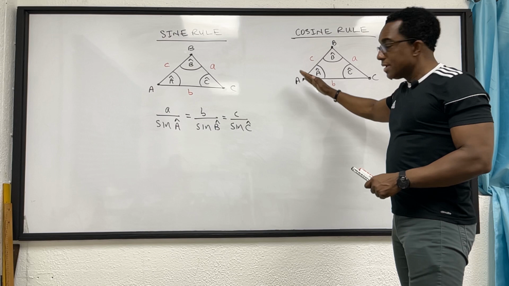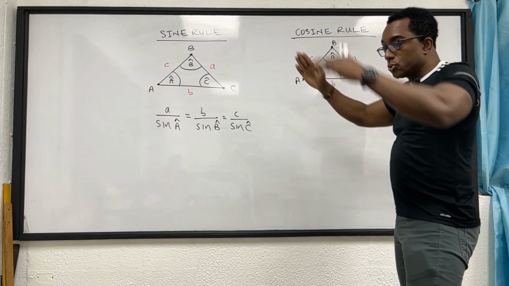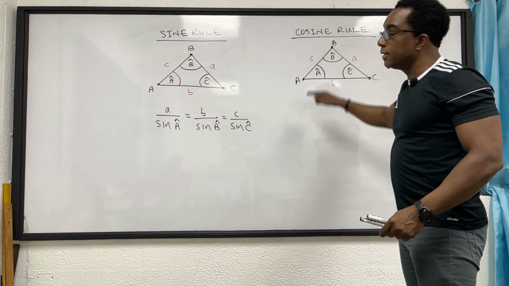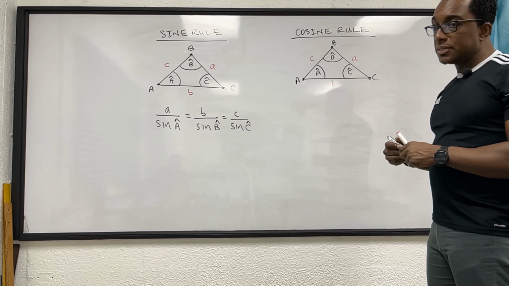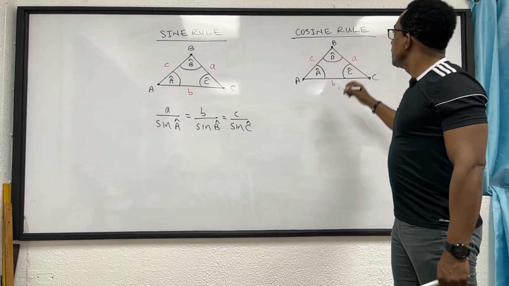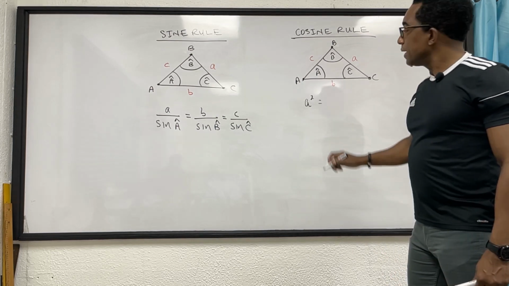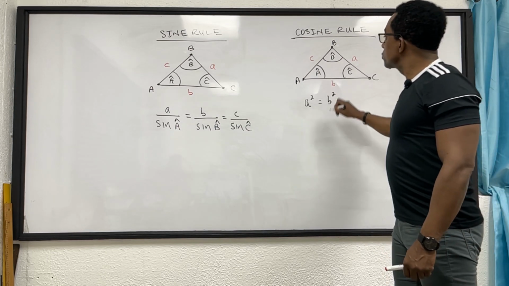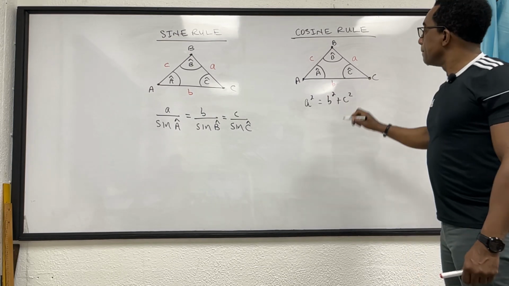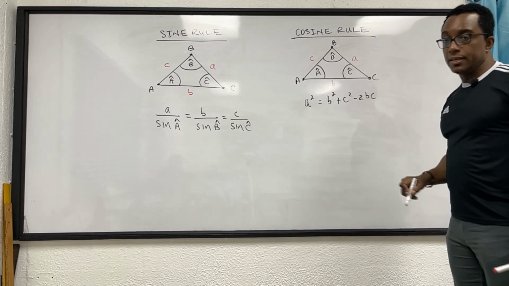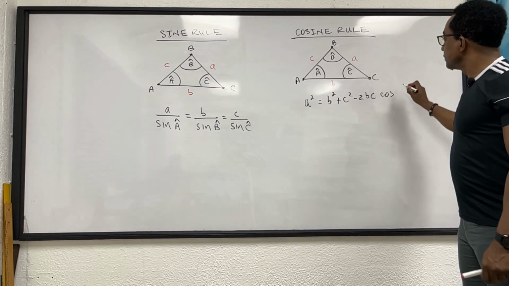I look opposite and I see I have information for my two sides, and once those two sides meet to form this angle, that angle is known as the included angle. So for my cosine rule, it is going to be a squared is equal to b squared, which are my two known sides, plus c squared, minus 2bc, two known sides, cos my included angle at A.